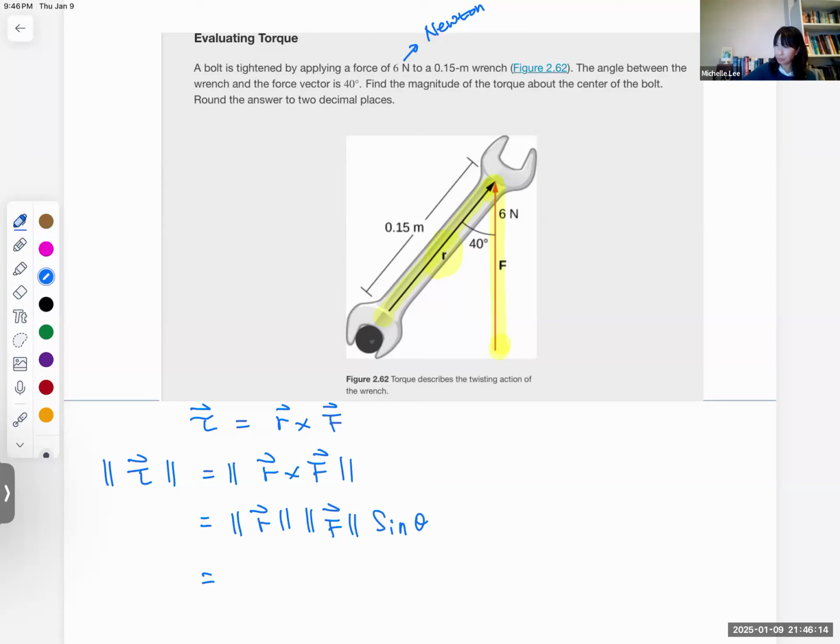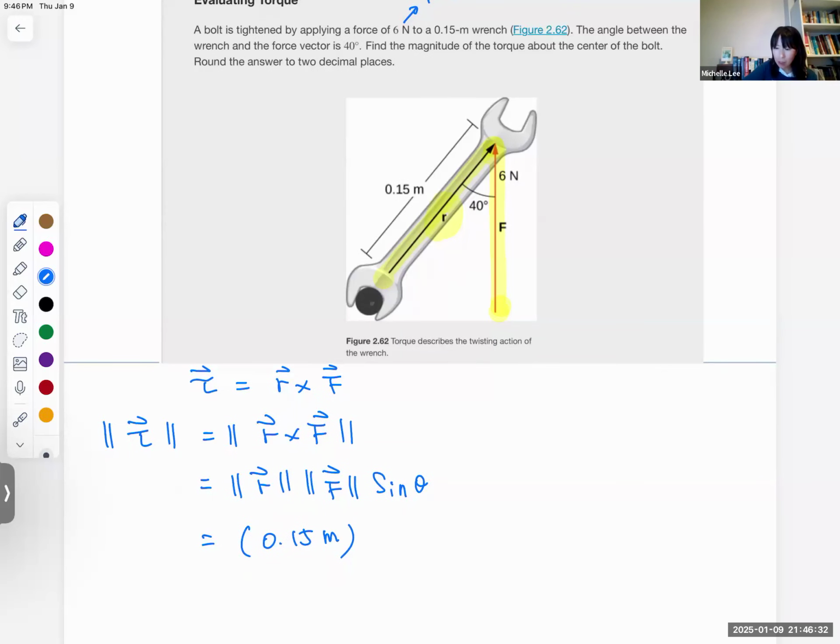So what's the r initial point? That is 0.15 meters, right? And then the force, there is a force of 6 N, right? So this is 6 Newtons. And sine, what kind of sine? Degree, yeah, it's degrees, 40 degrees, right?